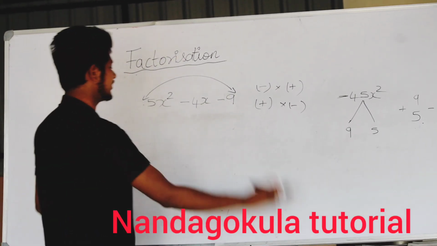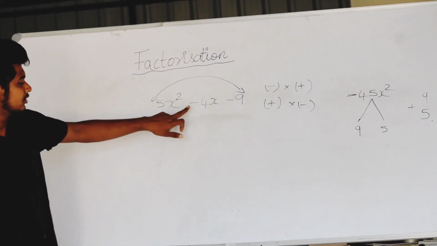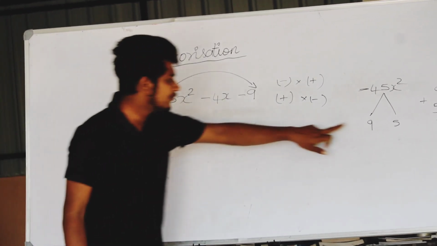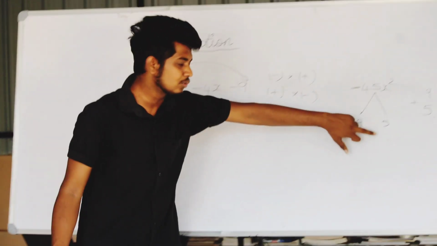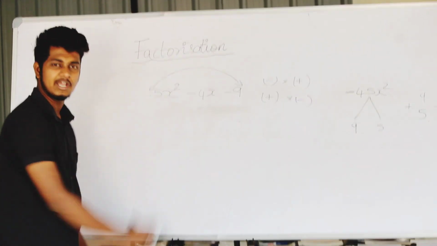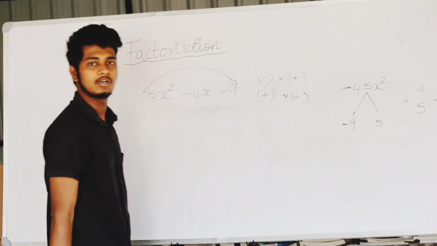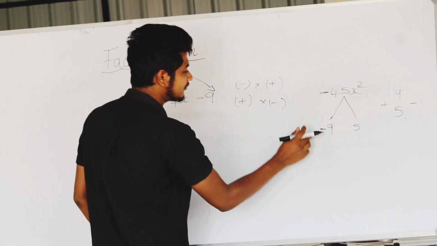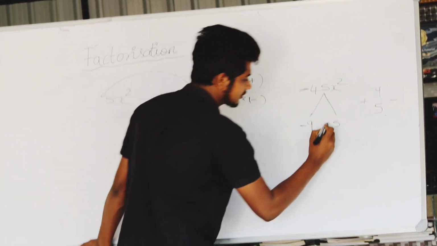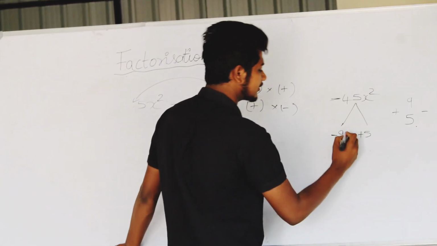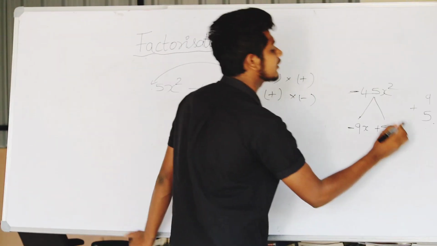For this it is very easy. For the middle number, whatever sign you have has to be given to the greater number out of these two numbers, right? So for the middle number we have minus. Let us give this sign to the greater number. And once minus is given, what is remaining? Plus. And x square is nothing but x and x.